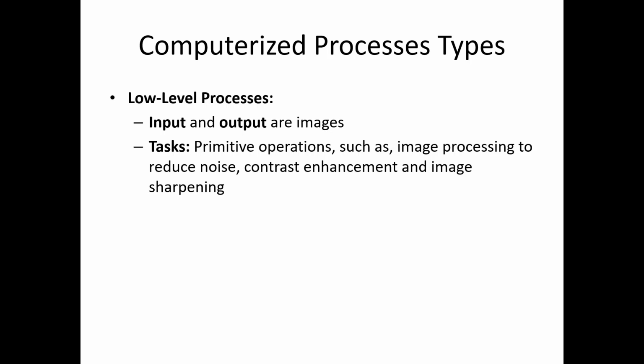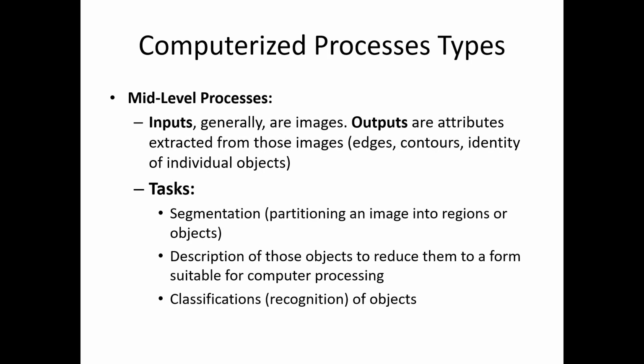If we are talking about the types of computerized processes, or image processing types, as we already discussed, there are three categories: low level processing, mid level processing and high level processing.